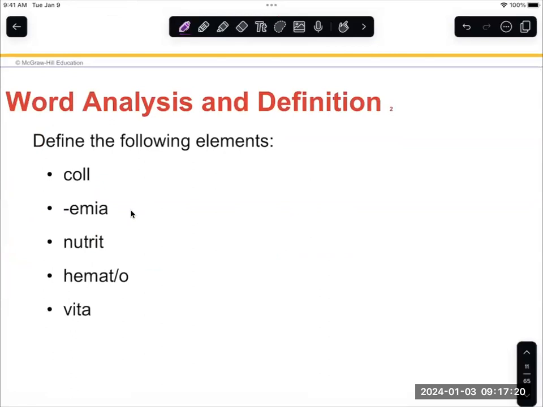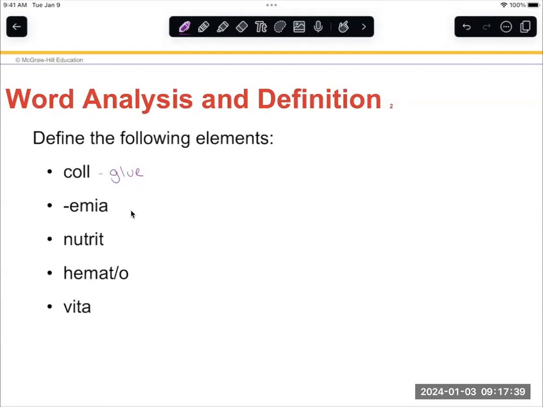So let's define some of these words here for us. Col, like colloid, means glue. Emia, like anemia. Anemia is a blood condition.